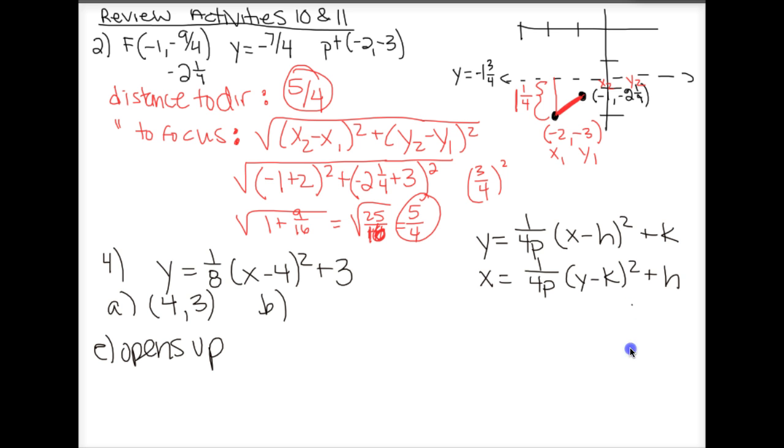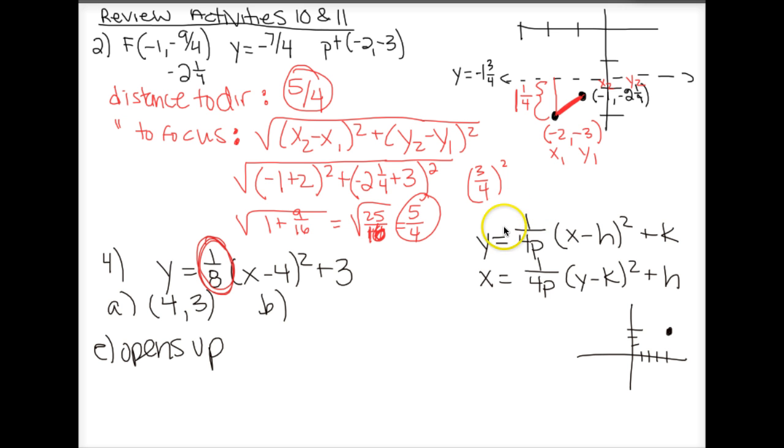So if I'm doing a little sketch here, at (4, 3) is my vertex. I need to find P because I can simply count up in the direction of the opening to find my focus and then count down in the opposite direction to find my directrix. Now, P is going to come from this equation. 1/8 is the number in front.